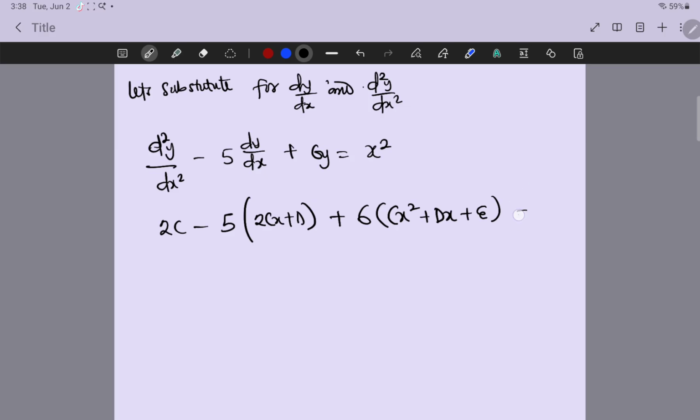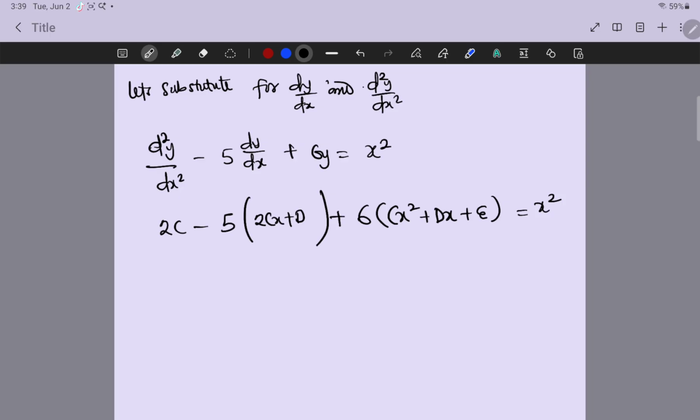No, sorry, it is 2cx plus d. Yes, 2cx plus d. That's all. All right, so it's equal to x squared. Do you understand?